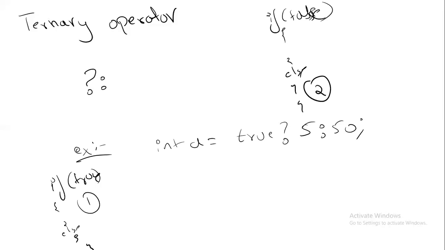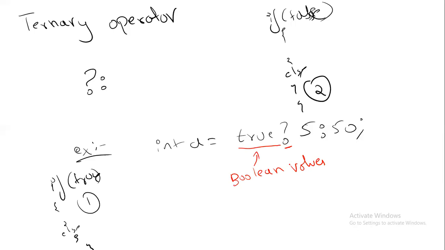Using the same logic, we'll apply it to the ternary operator also. Let me tell you how the control flow will happen. The left side of the ternary operator should always be a Boolean value.